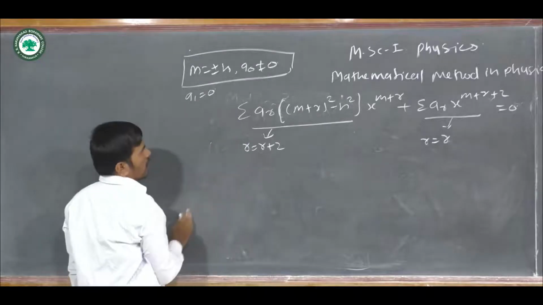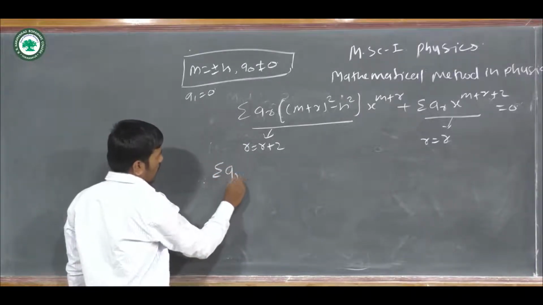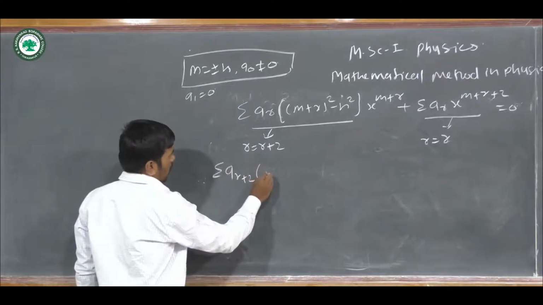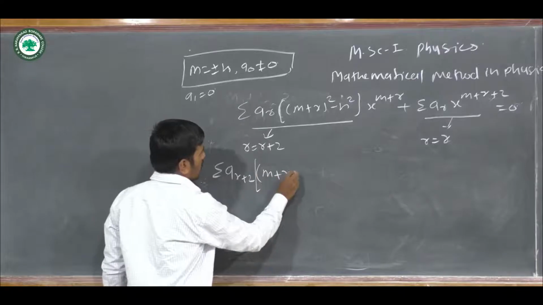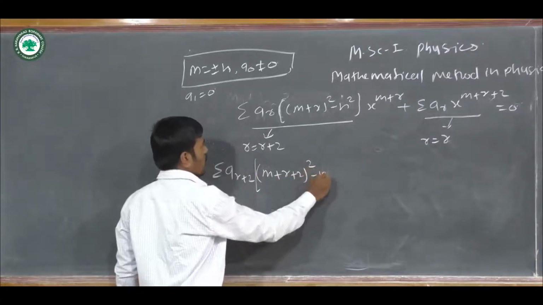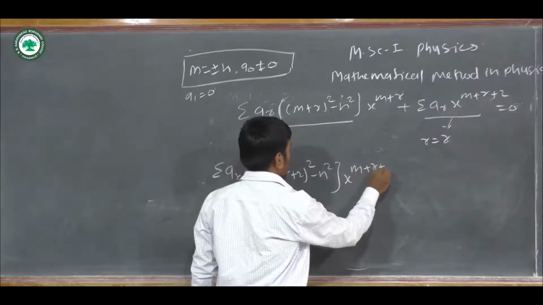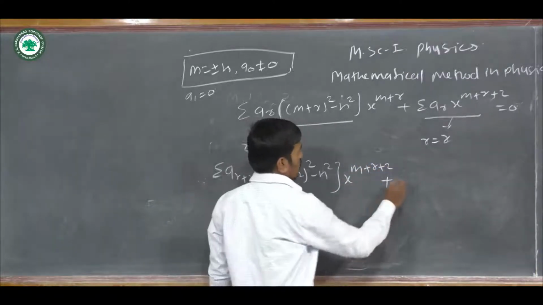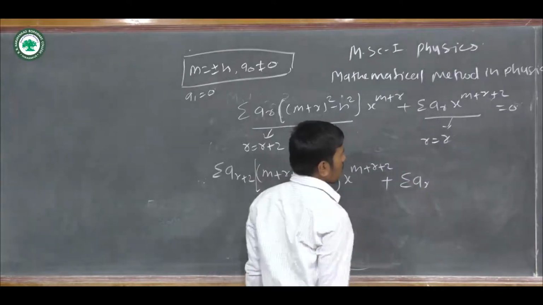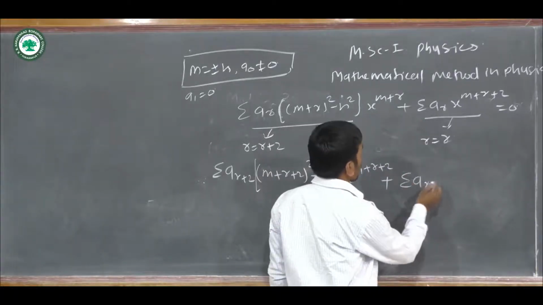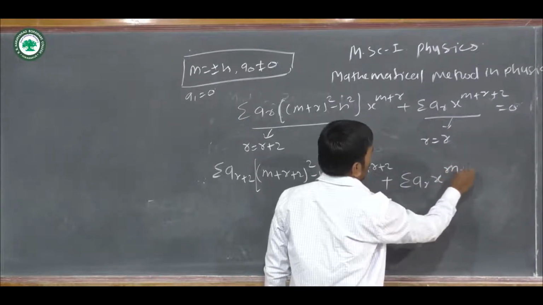So we can find the recursion relation, that is summation a r plus 2 into (m plus r plus 2) bracket square minus n square x power m plus r plus 2, plus summation a r. Now for this second summation we consider r equal to r, so it is a r as it is, with x power m plus r.